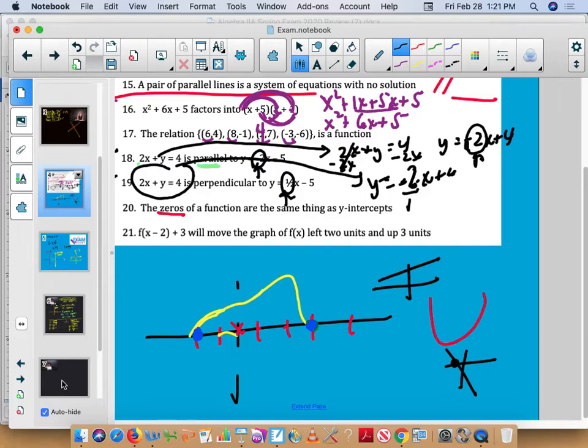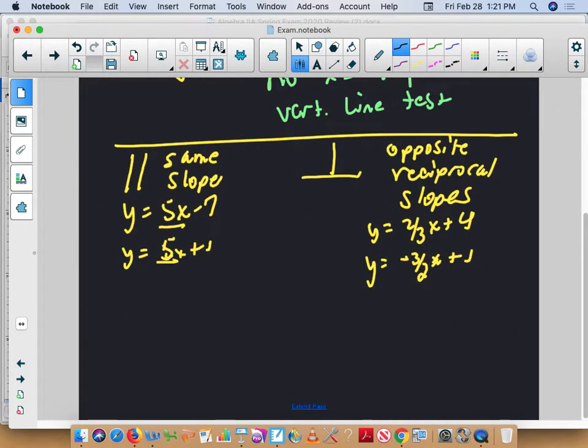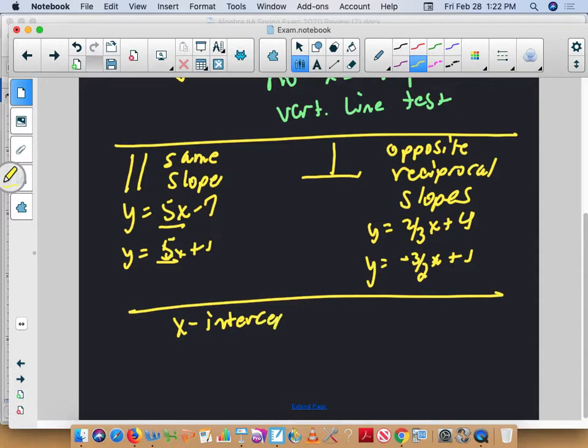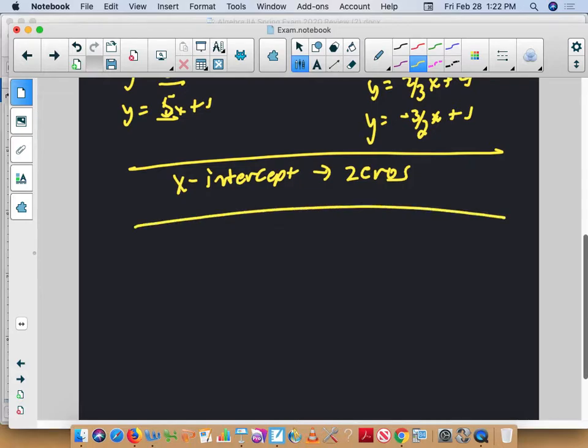Remember, this is on the video where I'm writing some things on these last slides here. So x-intercepts are the same thing as zeros. Things you might want on your note card, by the way: there's lots of things, but you might want the forms of a line, like slope-intercept form.